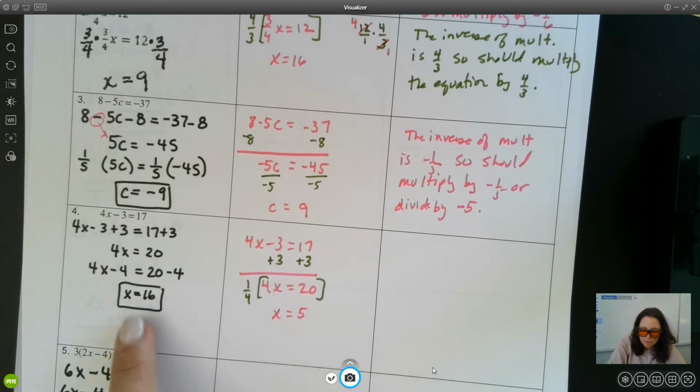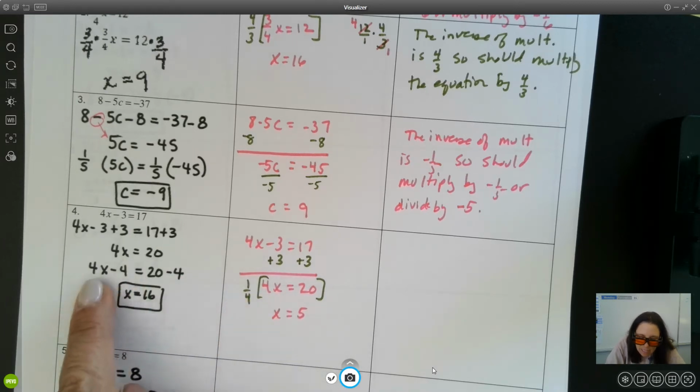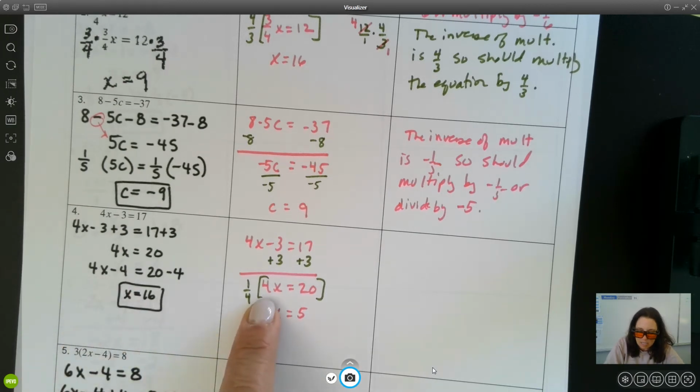Okay, much different answer. So it looks like we were okay with the 4x equals 20, but then look at that, they subtracted 4. You can't take 4 away from 4x to get x. Okay, you have to take the opposite, the inverse of multiply by 4. Okay, that's multiply by 1/4 or divide by 4. All right, so I'll write that in green.